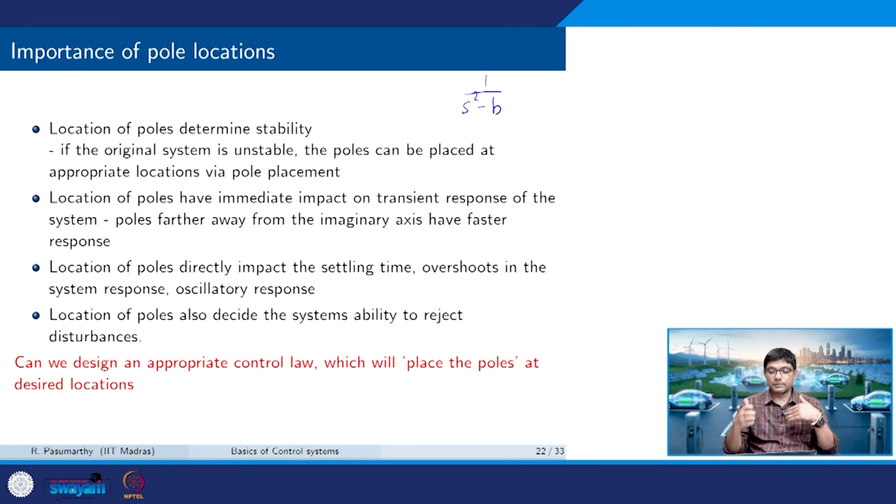So, even if the original system is unstable, I can still move the poles, and we also call this pole placement, right. The poles can be placed at appropriate locations to stabilize the system or even look at transient performance of the system, right.